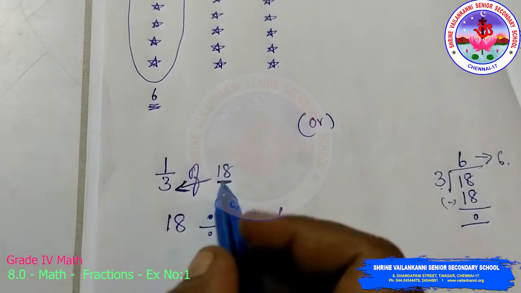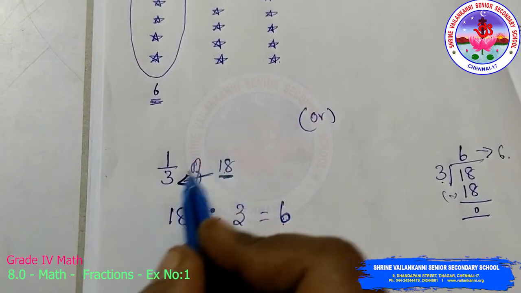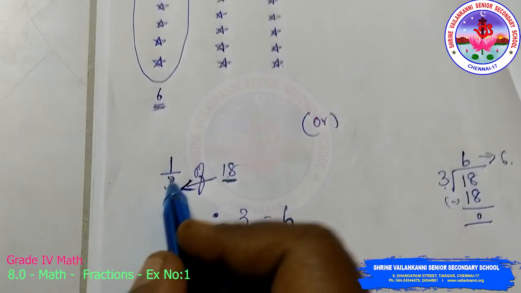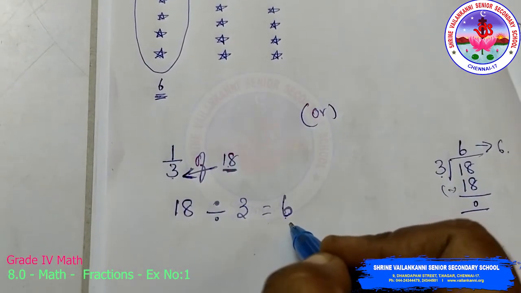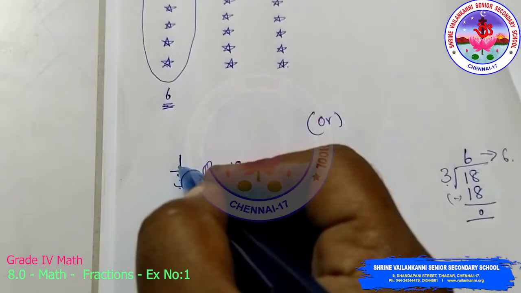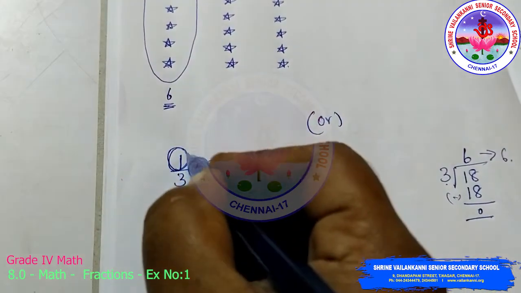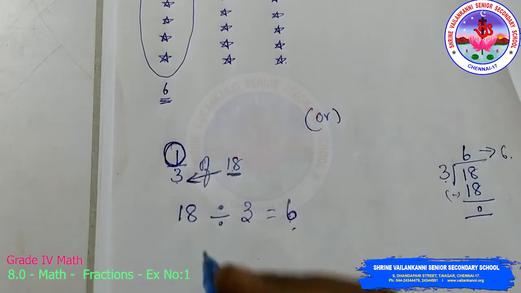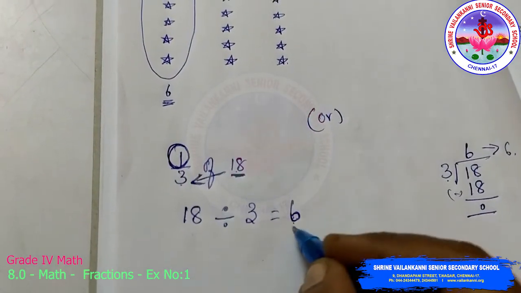So now we have completed the division of the whole number by the denominator. Still I cannot complete my sum here because I still have the numerator. What is the numerator? 1.